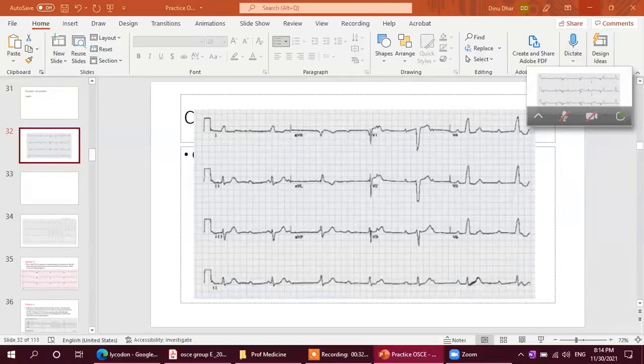The PR interval doesn't change before that miss. That is called Mobitz type 2.